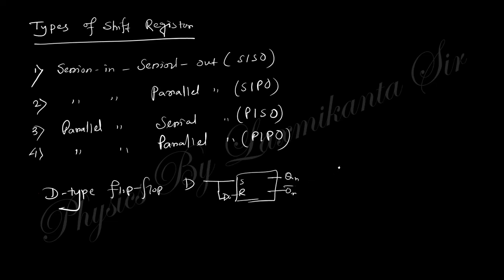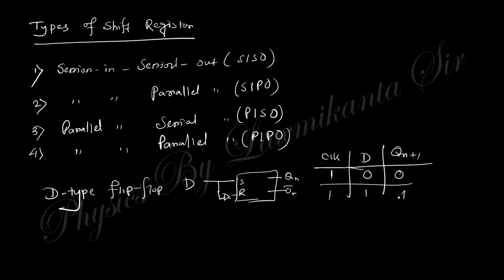You know the truth table of D flip flop is like that, D and this is Qn+1. When D is 0, Q is 0. Actually clock is 1, and when D is 1, Q is 1. So this just stores the data. So that's why D type flip flop is used in shift register.